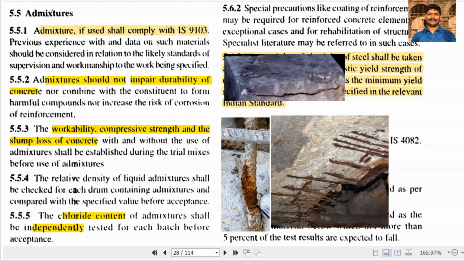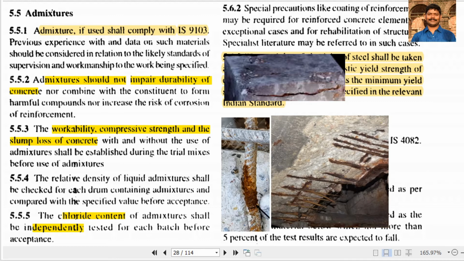If sulfur is present in the concrete, what happens in the long run? This sulfur reacts with the cement paste and forms a chemical compound called ettringite. Ettringite, whose full form is calcium sulfoaluminate hydrate, is expansive in nature; its volume increases.